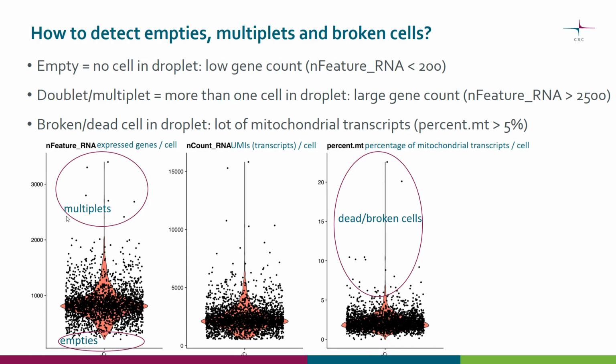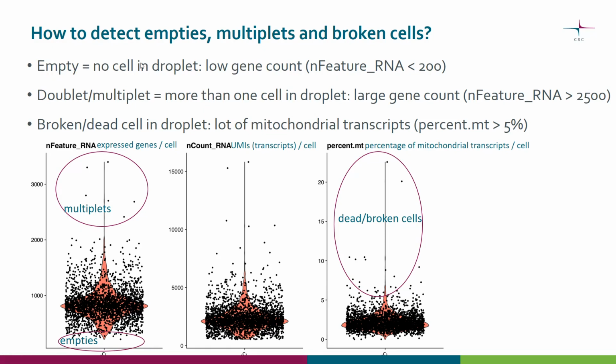So the whole point here is that we are checking the quality of the cells. Remember that in this kind of droplet-based single cell system, what we want is one cell in one droplet, and that one cell should be a healthy, happy cell. Now, it can happen that there's actually no cell in a droplet.